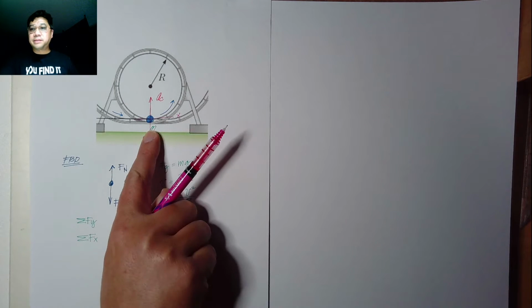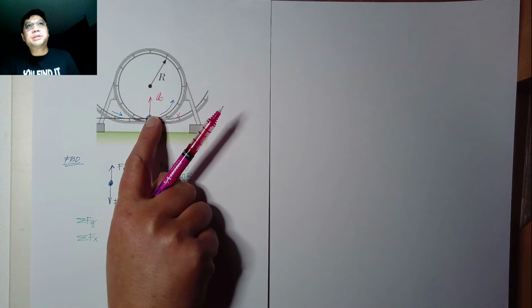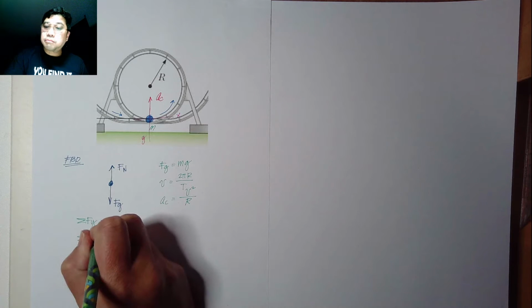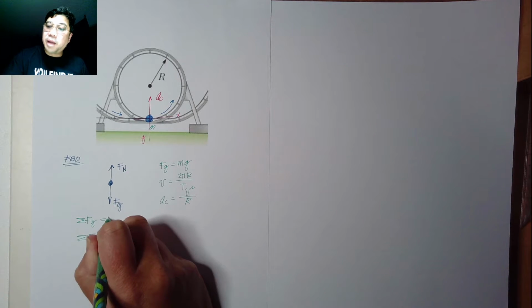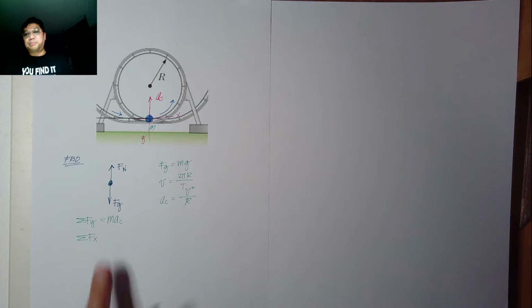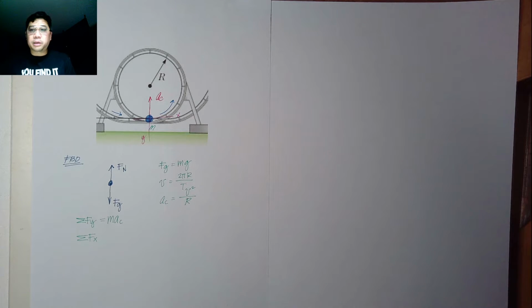The y-axis forces are in the same direction as the centripetal force, or centripetal acceleration. So we can safely say that along the y-axis, that is mass multiplied by the centripetal acceleration, just like in the previous video. Mass times acceleration, but since it's going in a circle, that is centripetal acceleration.